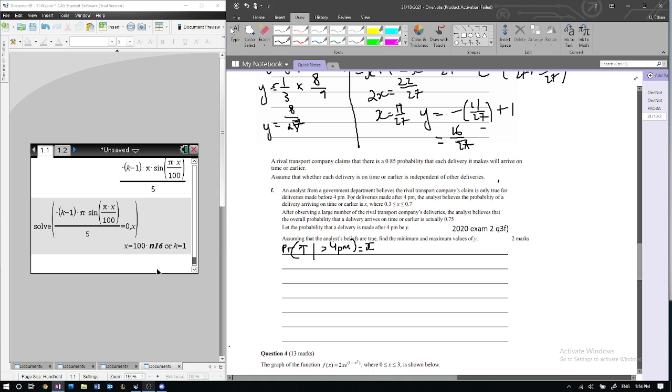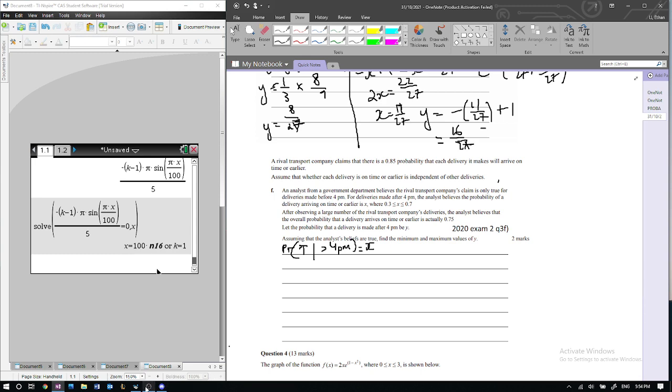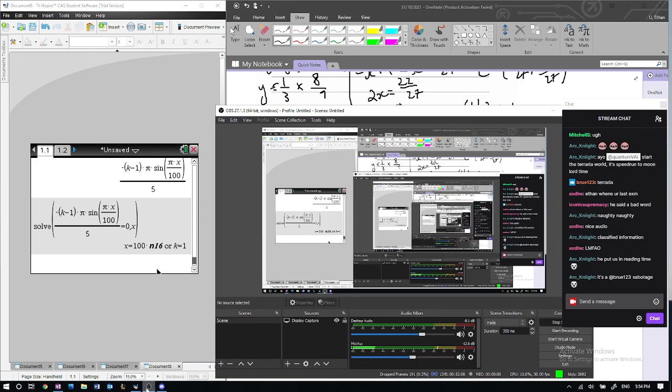You need to be able to interpret that. If you can't do that, then it's impossible to do the question. From the wording, for deliveries made after 4, so given it's after 4 p.m., the probability of it arriving on time, which I call T, is x. Is that clear? Okay, no questions.